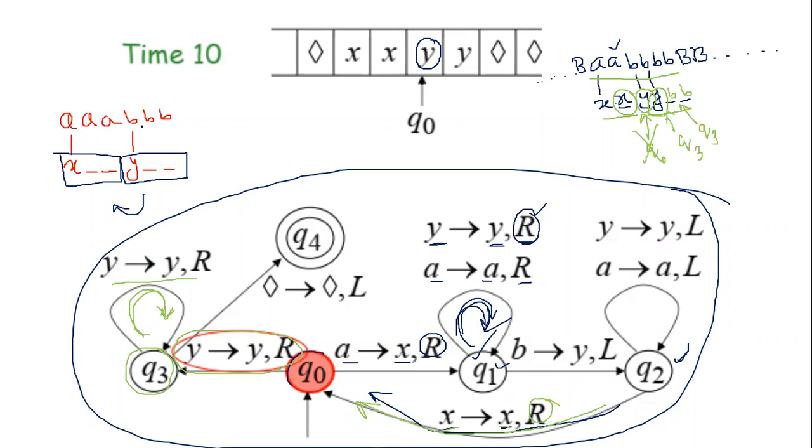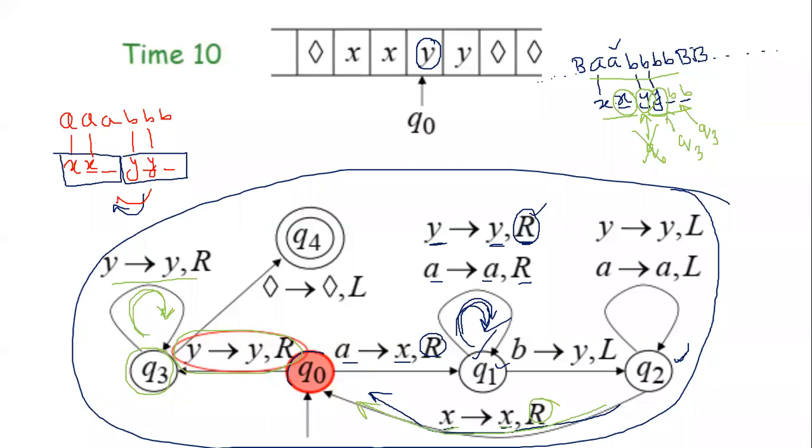And what will happen? I will now convert the second A to X. And then I will go towards right. And what will happen now? I will skip the third A, the first Y obviously, and then I'll convert the second B basically to Y. Fine.